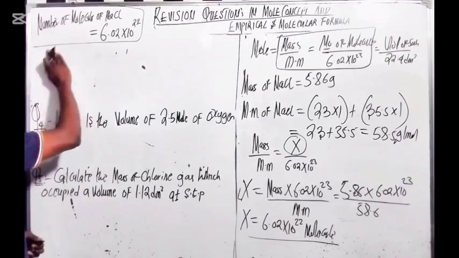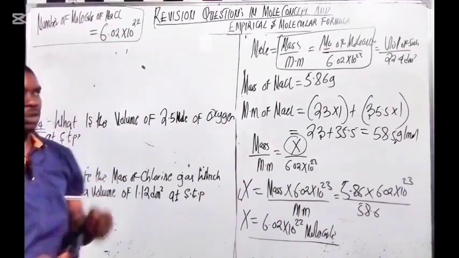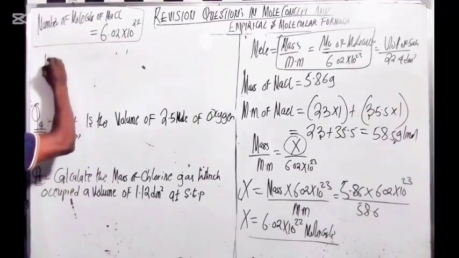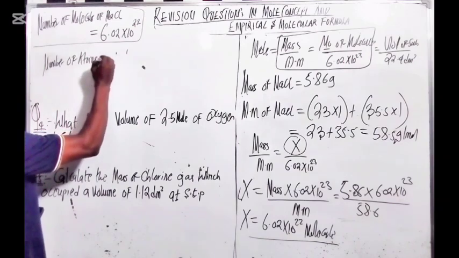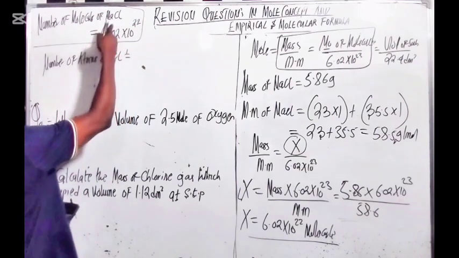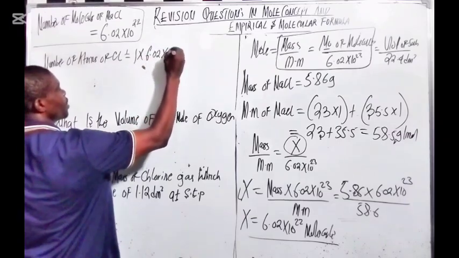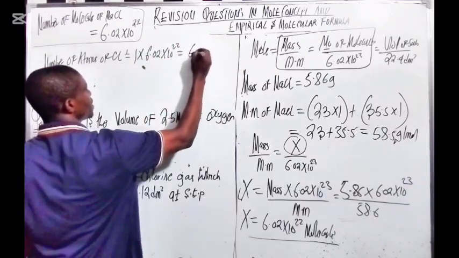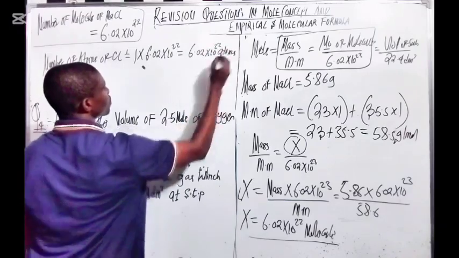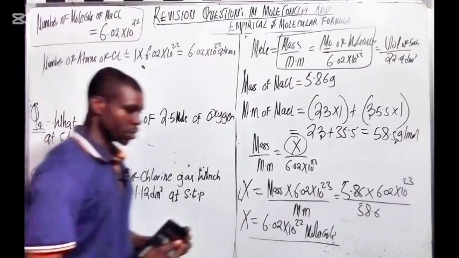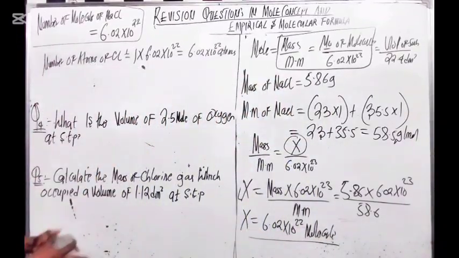Now how many atoms of chlorine do you have here? You only have one. So the number of atoms of chlorine is 1 times 6.02 exponential 22, so it's going to be 6.02 exponential 22 atoms. That is it.